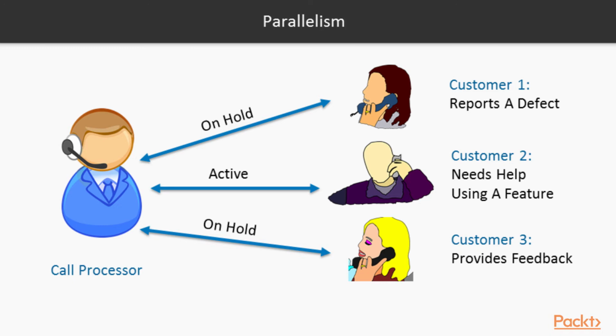We only have one call processor, and the call processor has to accommodate the needs of each customer. The processor gives each customer a time slice where they are active in conversation with the call processor. When the call processor decides to move on to helping another customer, the processor puts the current customer on hold and helps out another customer. In this manner, the processor is handling the work of servicing the customers in a concurrent manner.